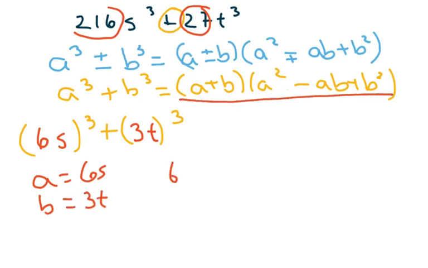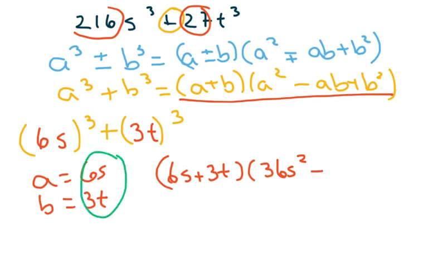Now just fill it into this formula. So we have 6s plus 3t times, now we have to square this, so that's going to be 36s squared, minus, then we're going to multiply these two, which is going to be 18st, and then we're going to just square this one, which is plus 9t squared.